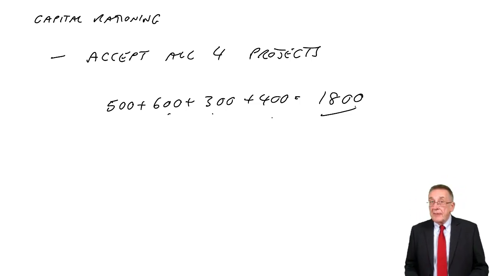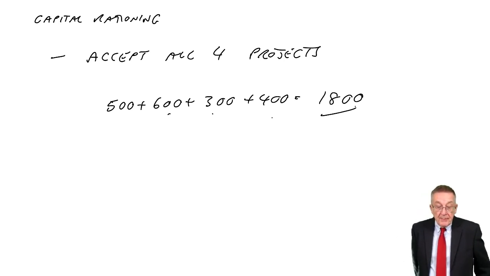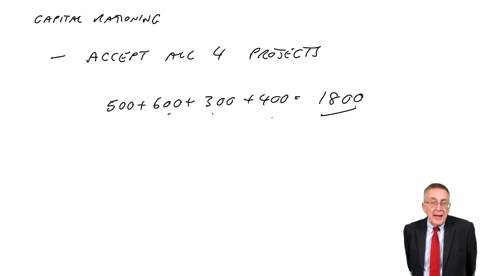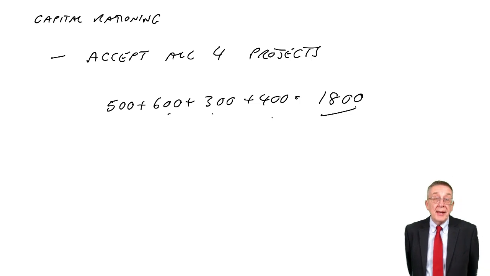If we have enough capital available, we'll do all 4. But the problem is, look at part B, capital is restricted. For some reason, we'll talk about why it might happen later, we've only got 1,600 available. We can't do all 4 because there isn't enough cash. That would need 1,800.